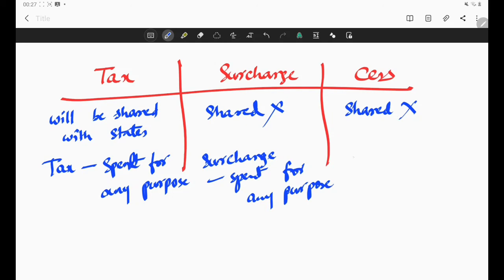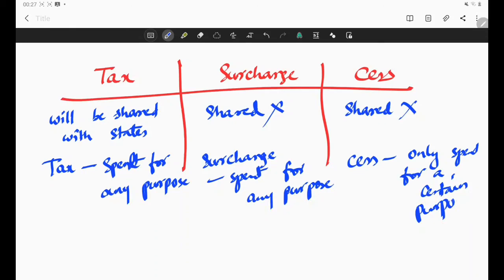But when it comes to cess, it can only be spent for a certain purpose. So this is the main difference between these three. Tax will be shared with states, the other two won't be shared, and cess is collected only for a certain purpose, whereas tax and surcharges are not collected for a certain purpose.